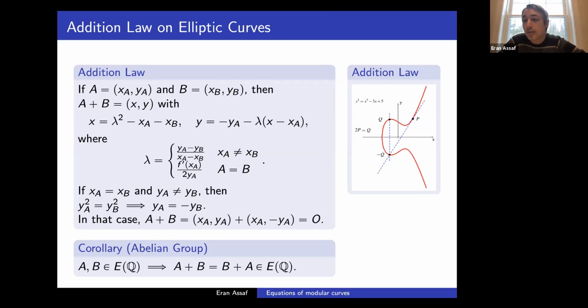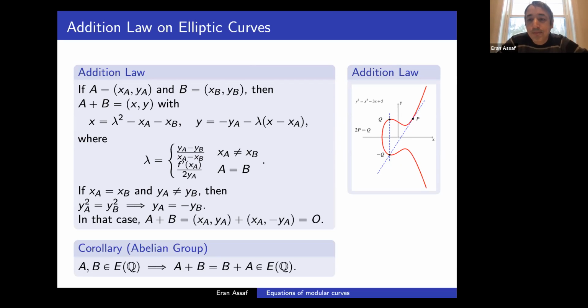So if we start with two points whose coordinates are rational, their sum is also rational. Another consequence is the fact that this addition is commutative. It doesn't matter in which order we add the points, which could be seen already from the description over the complex numbers.